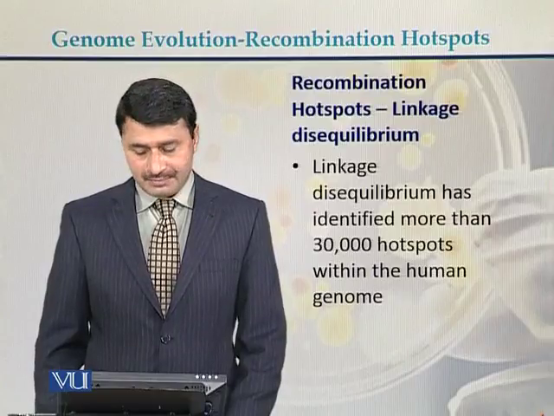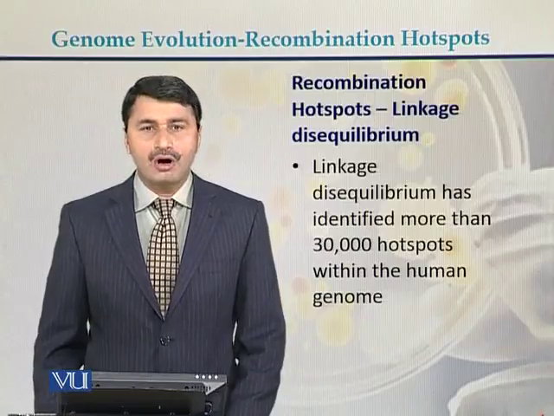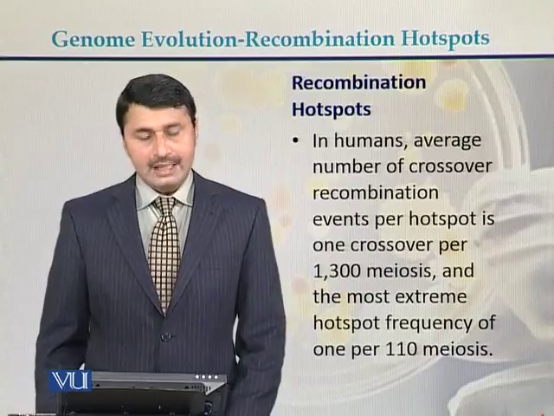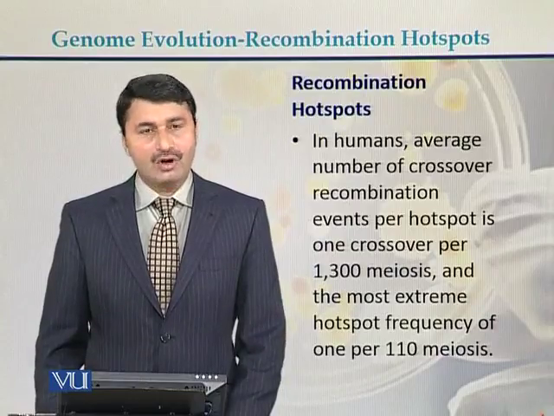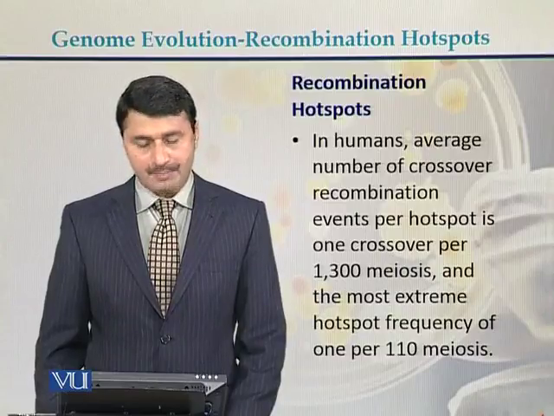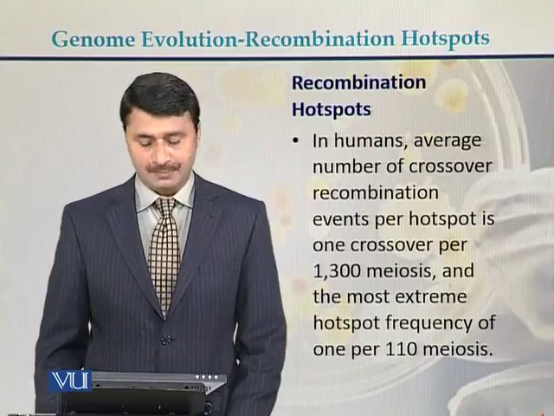Linkage disequilibrium has identified more than 30,000 hotspot regions in the human genome. In humans, the average number of crossover recombination events per hotspot is approximately 1 out of 1300 meiosis.